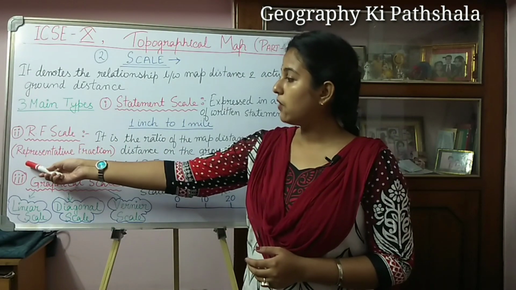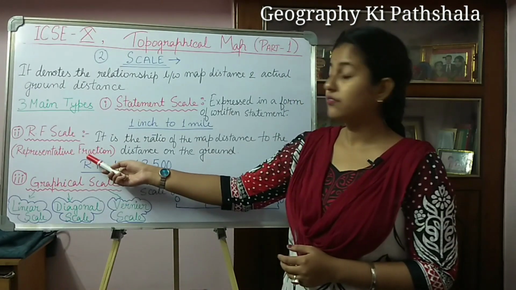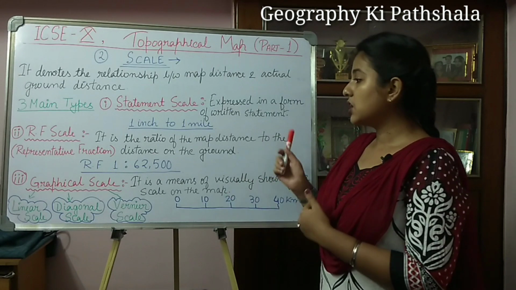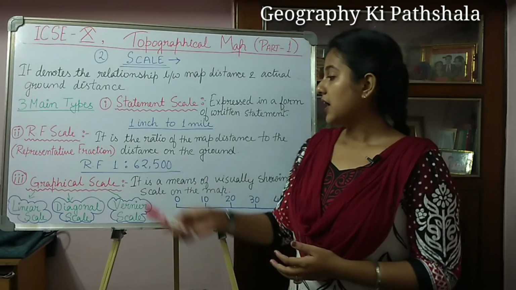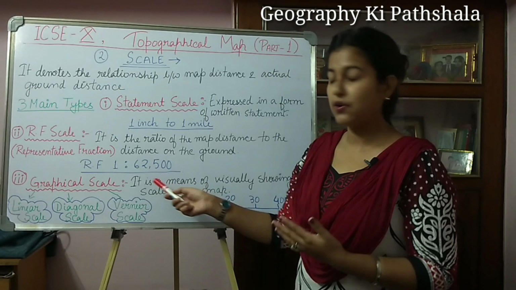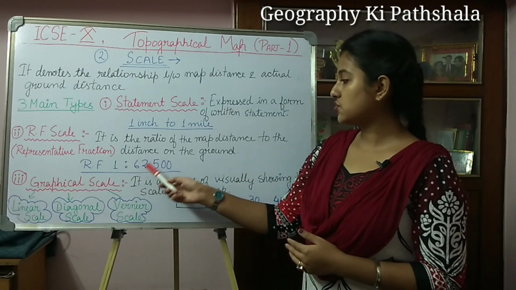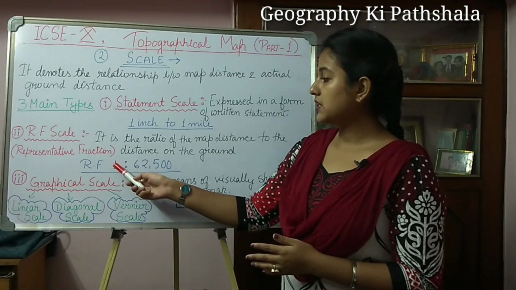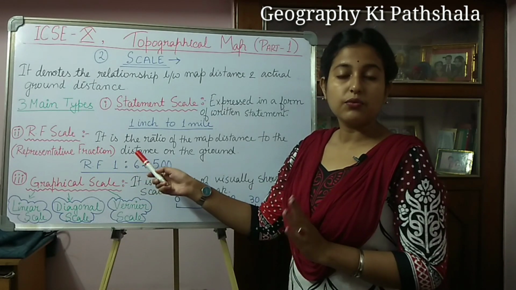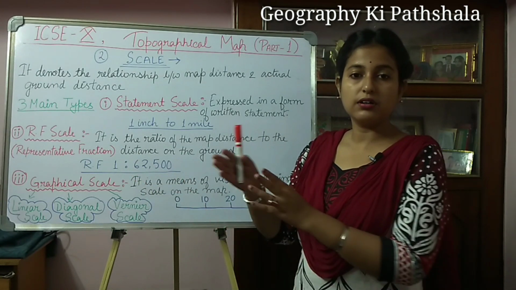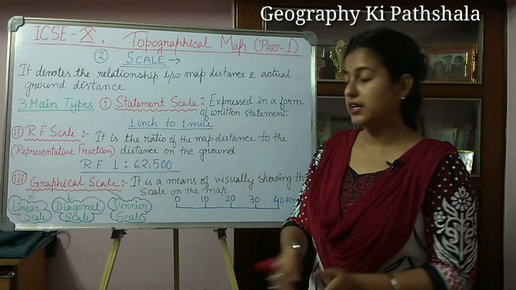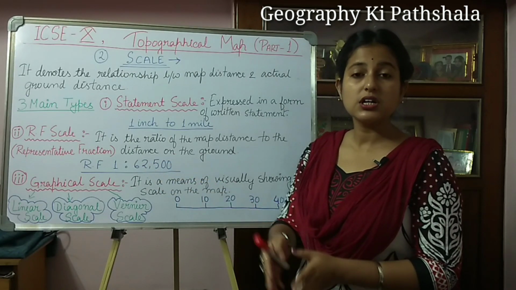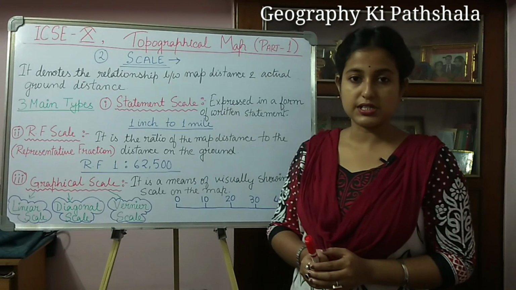RF, its full form is representative fraction, and it is the ratio of the map distance to the distance on the ground, and it is written in this form, like RF 1 is to 62,500. That means 1 unit of the map distance is equivalent to 62,500 units of ground distance.